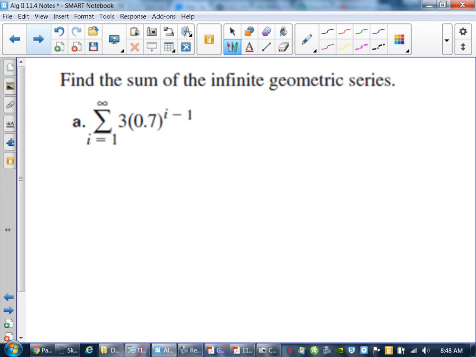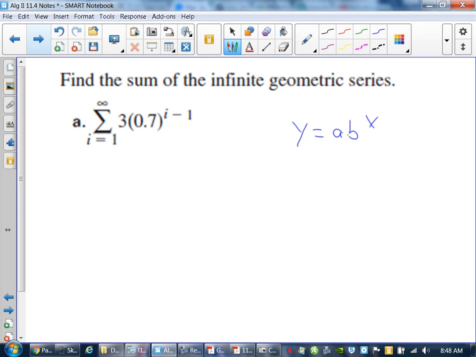So, here's what we have. We're going to distinguish what the first term is, what your rate is, and so on by looking at it in summation notation. It's a matter of remembering how it looks. Remember that y equals a times b to the x, where a was a constant and b was your rate.